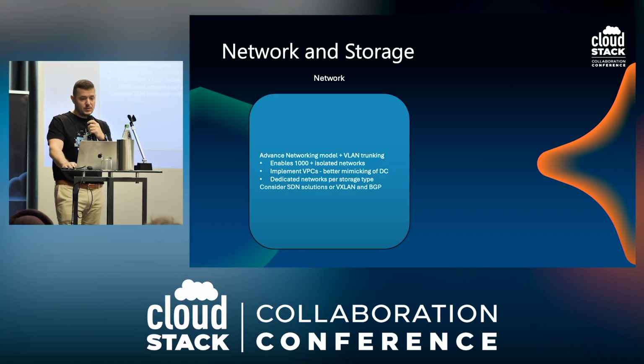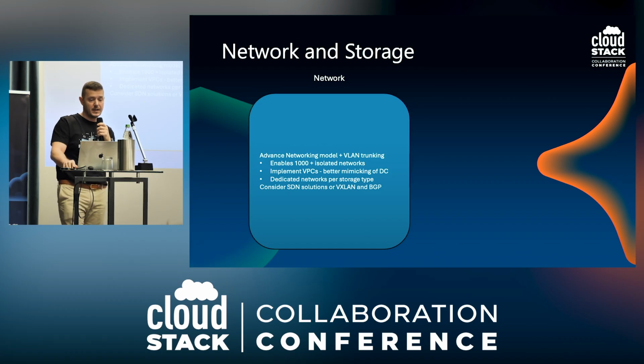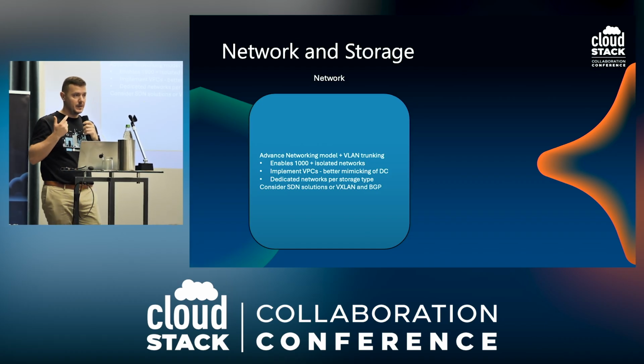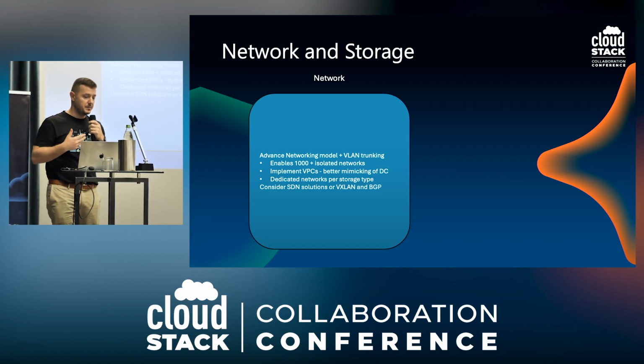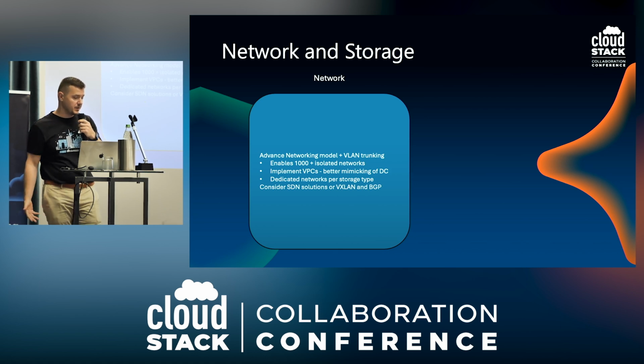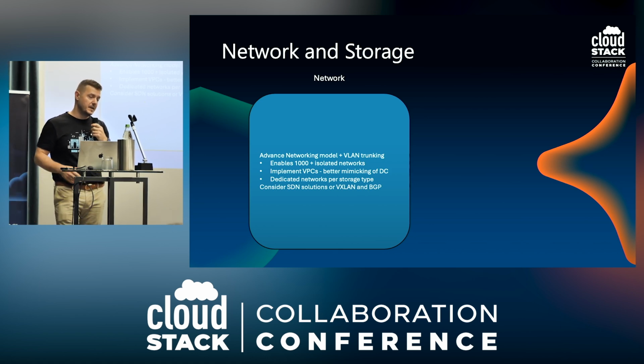As far as network and storage, the networking bit always depends on your offering and your business case, but at this stage you need to consider what type of solutions you need. What we've seen with our customers is that simply going with the advanced networking model and VLAN trunking runs fine for their use case.